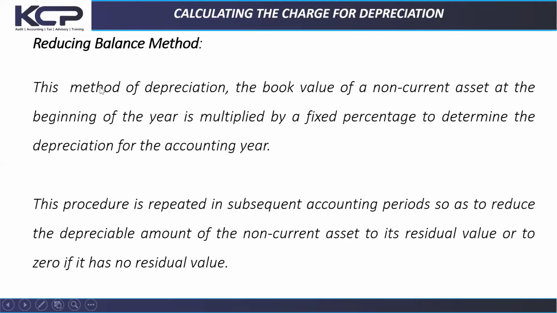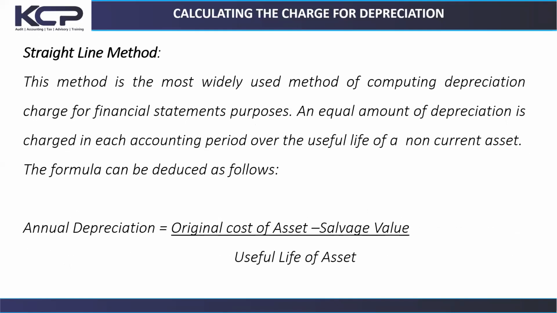But if you look at the reducing balance, we are saying that we have a fixed percentage applied over the useful life, which will give us a higher value of depreciation in the earlier period and lower value as the years pass by.